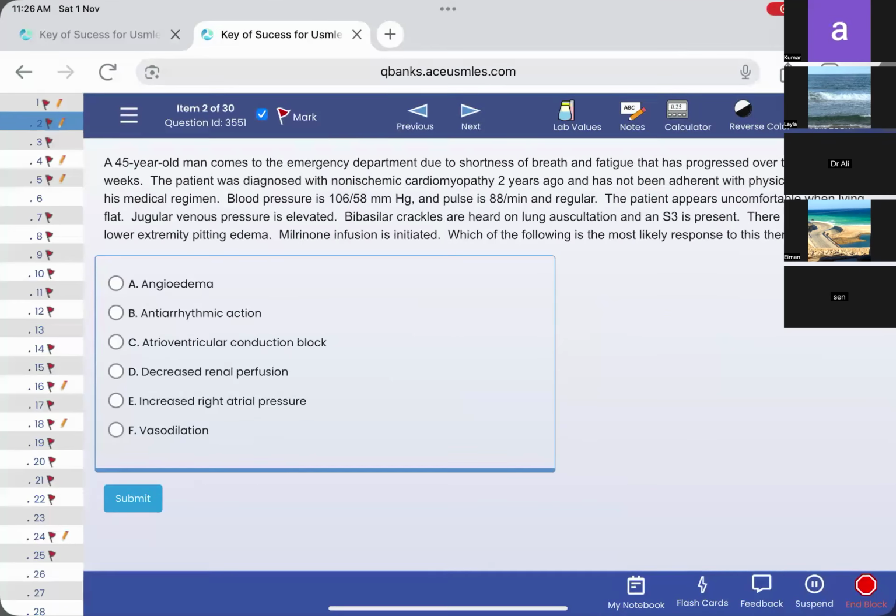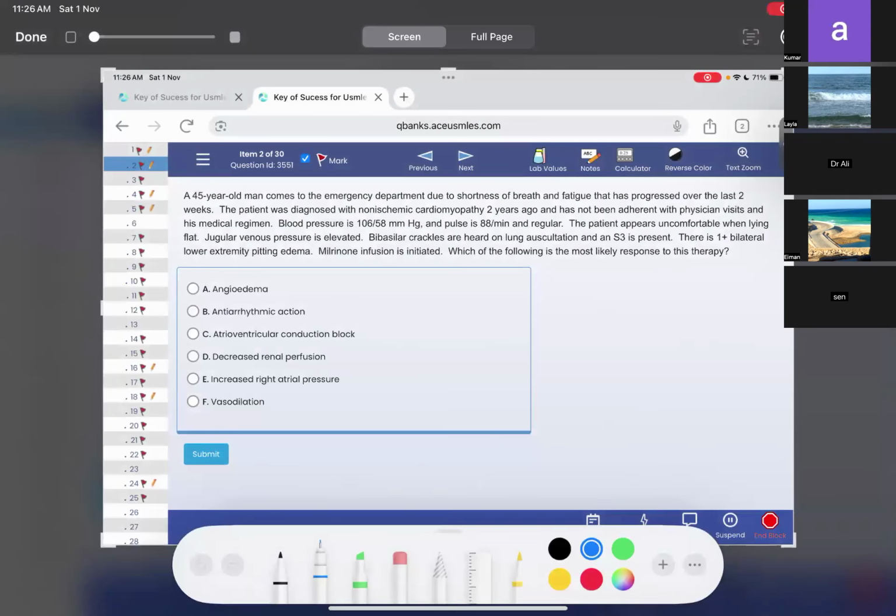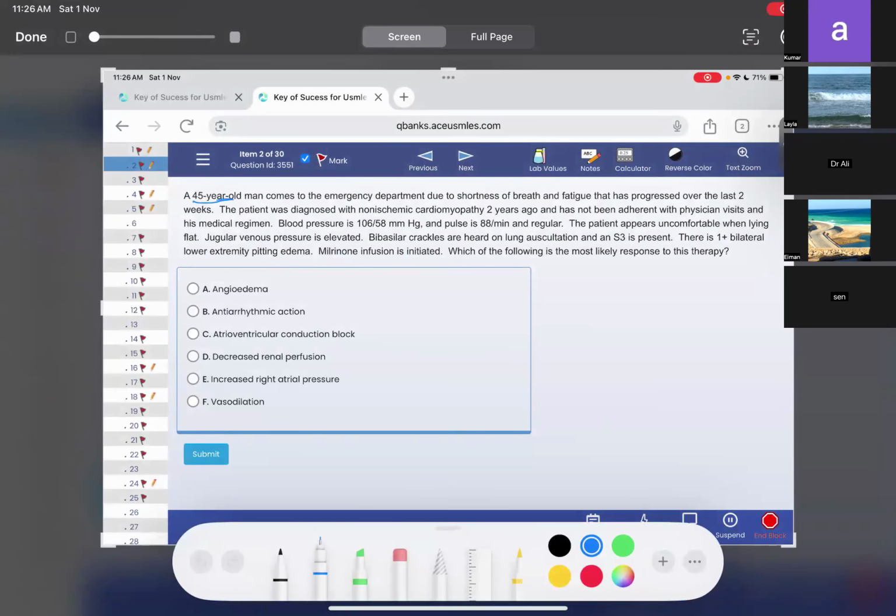Thank you, doctor. So they are asking about a 45-year-old man with heart failure, and progressed means there is worsening of the symptoms over the last 2 weeks. The patient was diagnosed with non-ischemic cardiomyopathy 2 years ago and has not been adherent with physician visits and medical regimen.